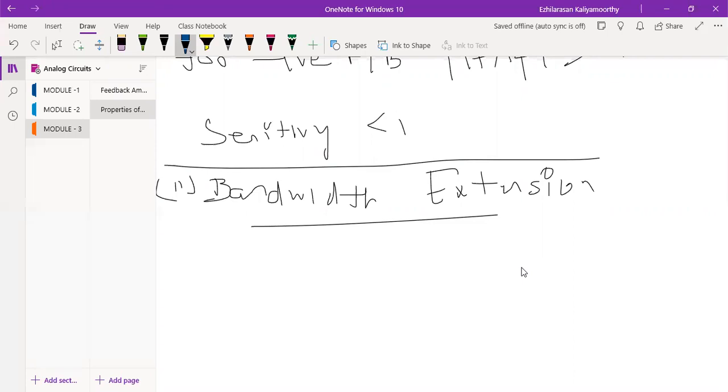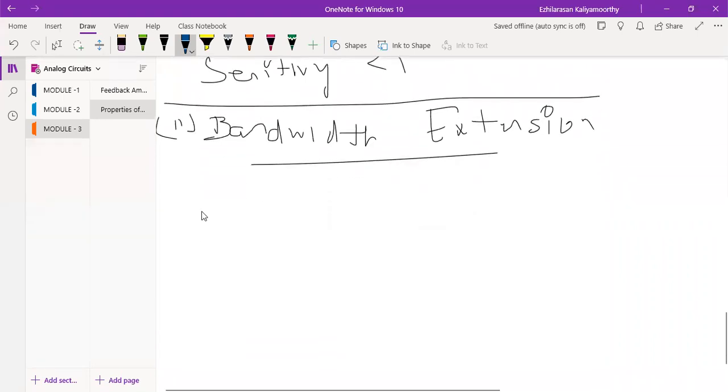Now from that, its gain at mid and high frequency can be represented as A of S.